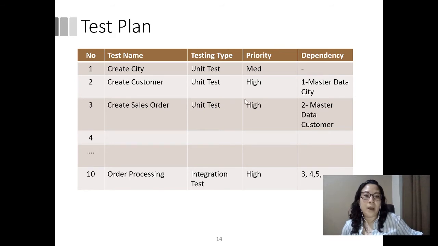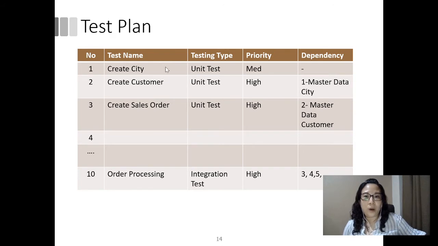We put the priority as high because if the sales order cannot be created, then the whole transaction cannot follow later on. The sales order also has a dependency on test number 2, whereby the customer needs to be created first before we can do the sales order.